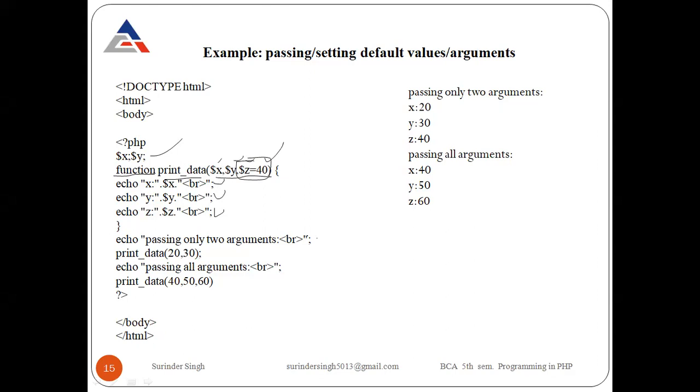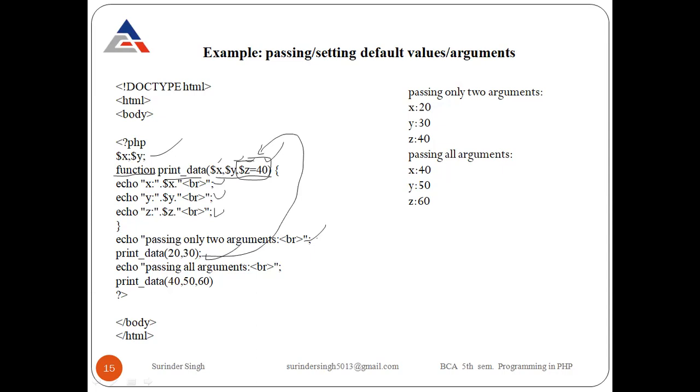Now there are two cases. In the first we are passing only two arguments, that is 20 and 30. On calling this function we are not passing the value of z.